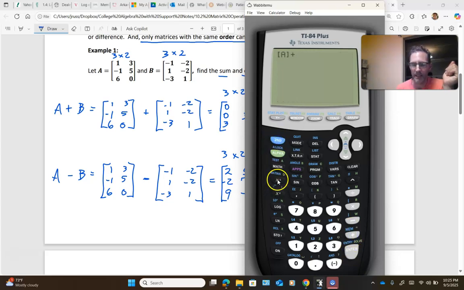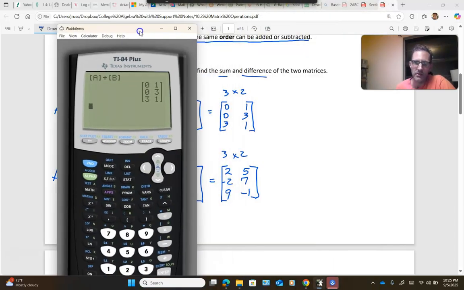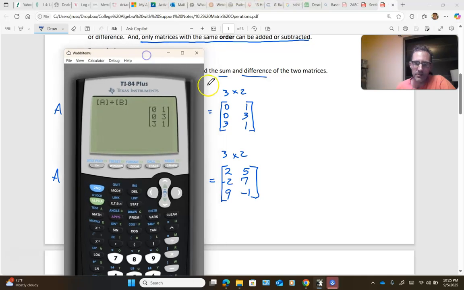We go back and we select B. Well, let's not hit the plus sign again. Let's hit the enter key. And there we go. Let's compare this. It matches, doesn't it? That's what we got.